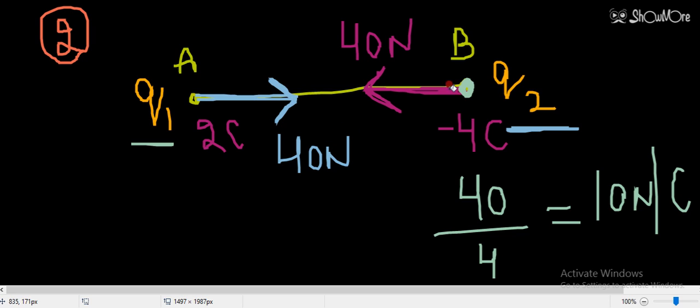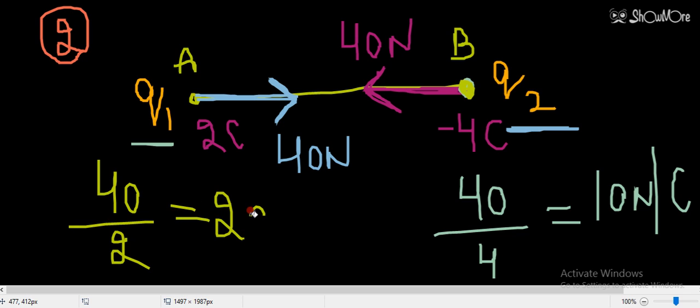If Q1 is attracting Q2 with the force 40 Newton, then obviously Q2 will also attract Q1 with the force 40 Newton. If I have to find the electric field due to this charge Q2 at point A, then the charge at point A will act as the test charge. So the electric field due to charge Q2 at point A will be 40 by 2, that is equal to 20 Newton per coulomb. This will be the answer for the second question.